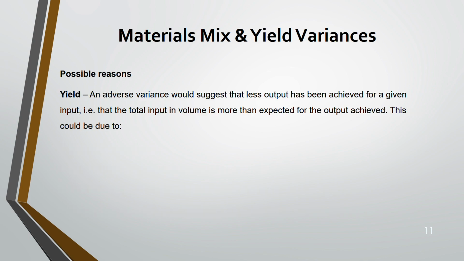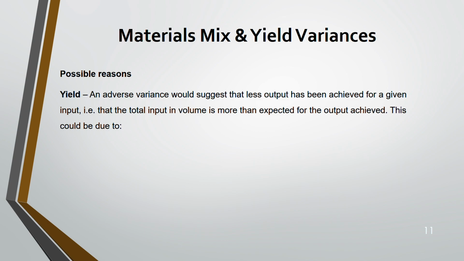Now, coming to yield. An adverse variance would suggest, what is the meaning of adverse variance in yield? It means less output has been achieved for a given input. That's adverse, it's not good, because we always want to use less input and achieve more output.